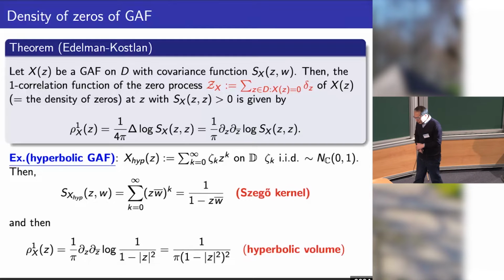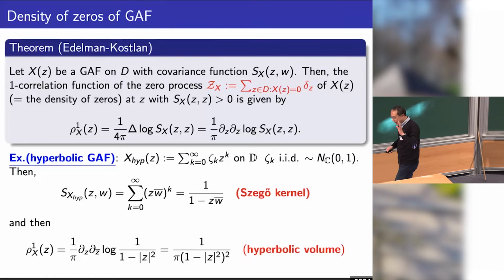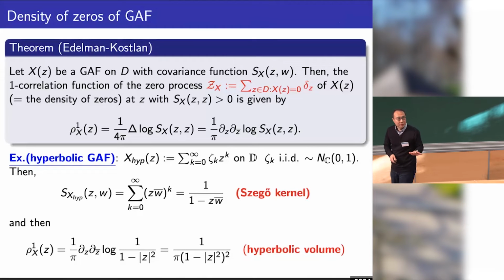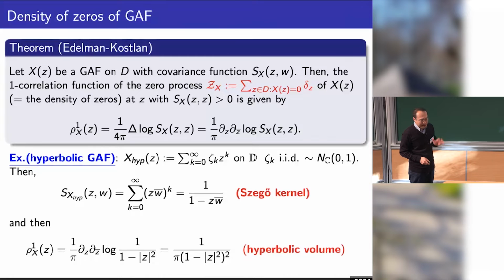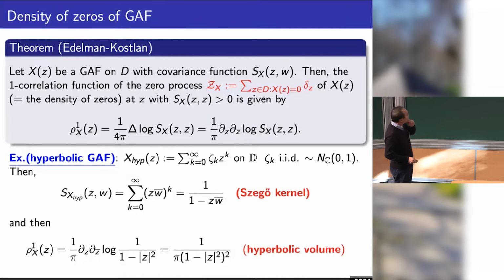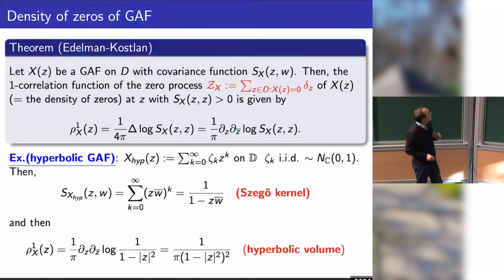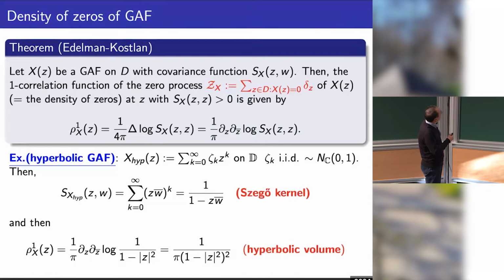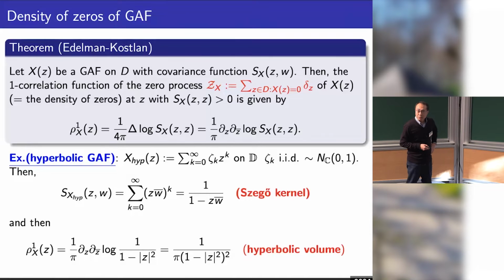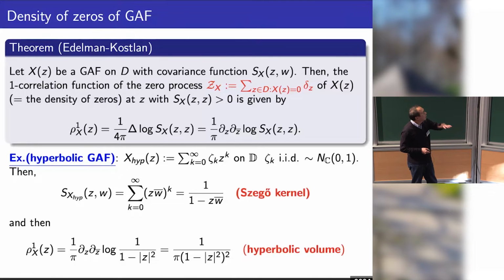Okay, so for GAF, this is an analytic Gaussian process, so there are many nice properties, and this is one of the important properties of this talk. It's called the Edelman–Kostlan formula. For zeros of a GAF, we can see the intensity or mean measure of the point process.